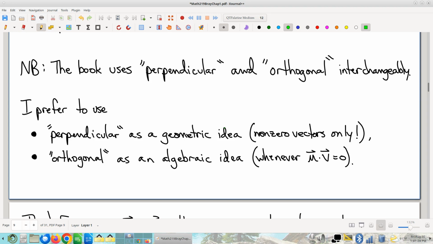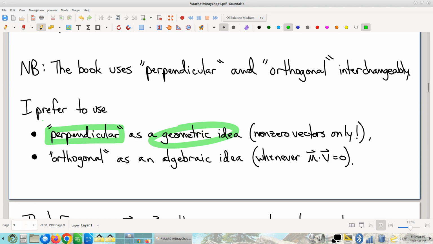Because on the one hand, there's what I like to call the geometric idea of perpendicularity. I think perpendicularity is a natural word here. And that is in reference to the geometric trait of a vector as having a direction. Right? You can talk about two vectors and the two directions that they define and the angle between those two directions. Now that's all geometry, right? Directions and angles, it's all geometry.